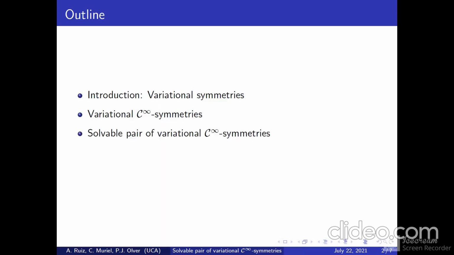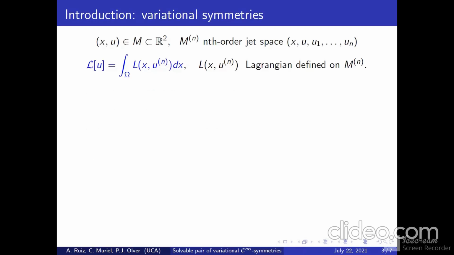After that, I will introduce the concept of solvable pair of variational C-infinity symmetries, and finally I will conclude the presentation with an example of application. So let us start with the notion of variational symmetries.